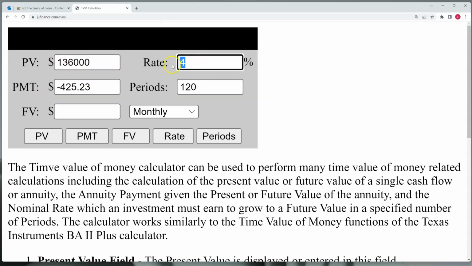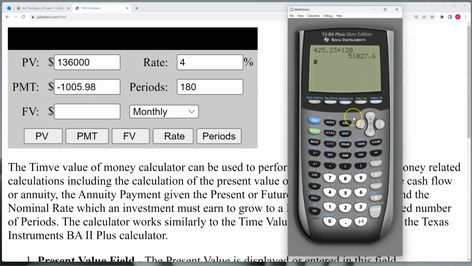But let's say you get, again, 4.4%. Most houses, let's say we go with the 15-year loan, and we calculate the payment. Again, that's $1,005 a month times 180. Then that's $181,000.